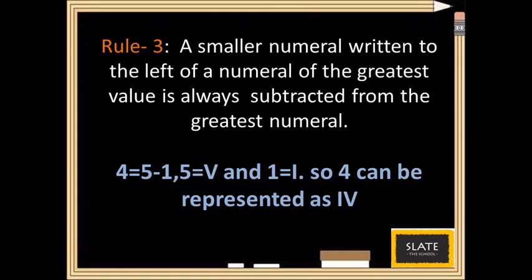Rule 3. A smaller numeral written to the left of a numeral of the greater value is always subtracted from the greater numeral. For example, if I have to represent number 4, I can do it as 4 is equal to 5 minus 1. 5 is equal to V and 1 is equal to I. So 4 can be represented as IV.